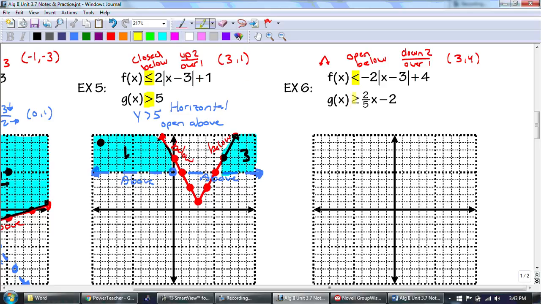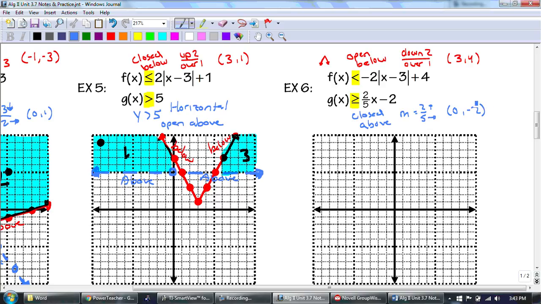We can write notes on this other one too. Now our g of x is closed. It's above. And our slope is 2 over 5, which means up 2, to the right 5. And we're starting at (0, -2).